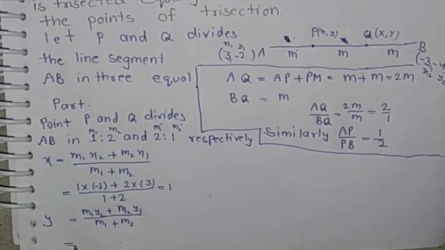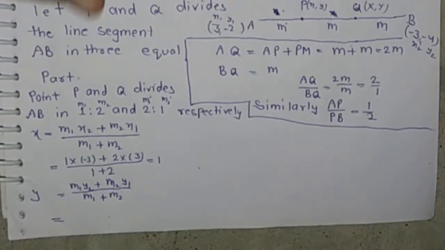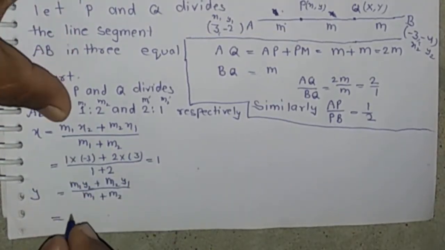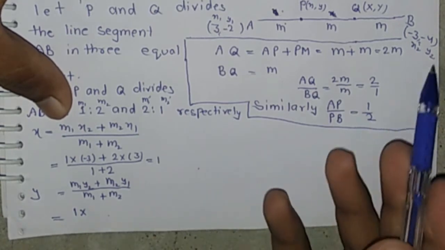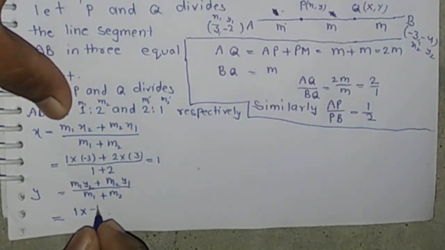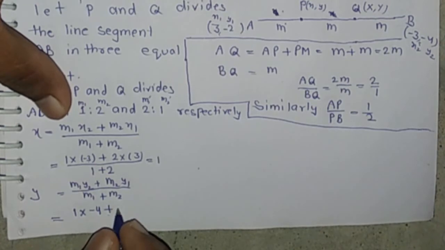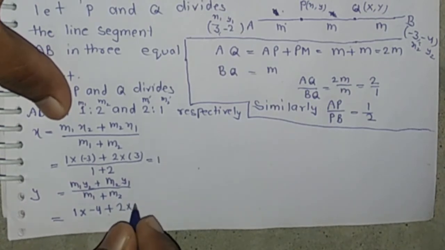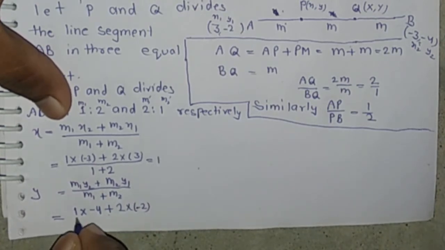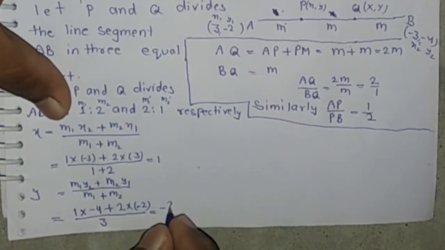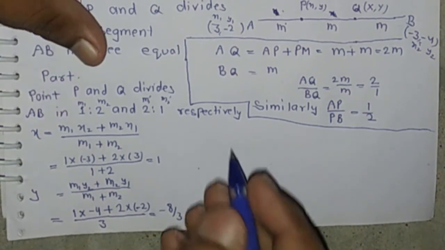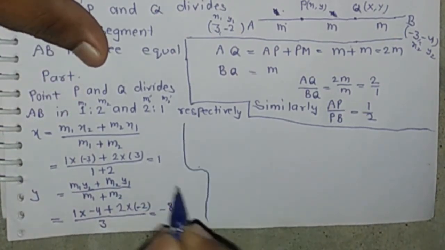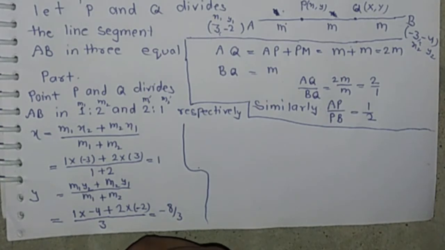Put the values: m1 is 1, y2 is minus 4, plus m2 is 2, y1 is minus 2, by 3, and it is minus 8 by 3. Means the coordinates of point P are (1, minus 8 by 3).